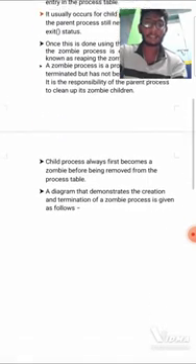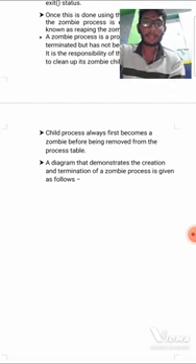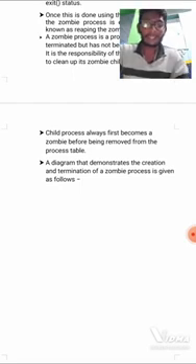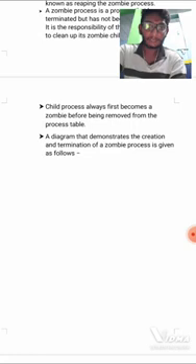The child process always becomes a zombie process before being removed from the process table. In this case, the child process first becomes a zombie before its parent process.